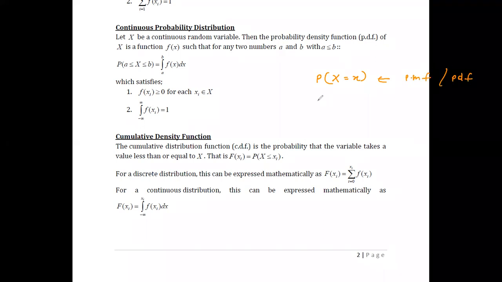Now for the cumulative density function, we are looking for X less than or equal to some defined value of x. This is what we call the cumulative density function, abbreviated as CDF.